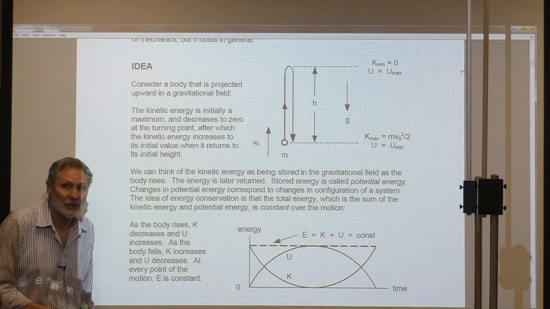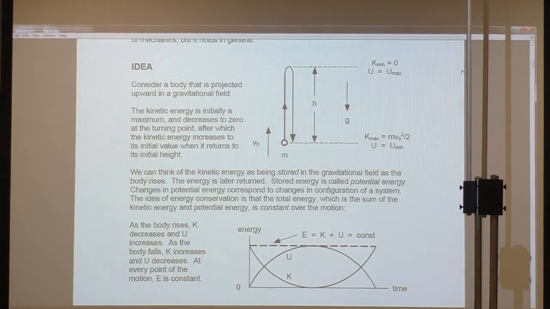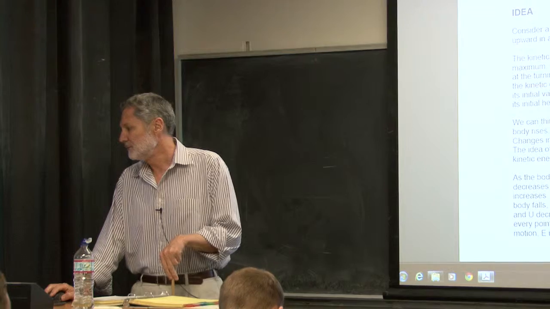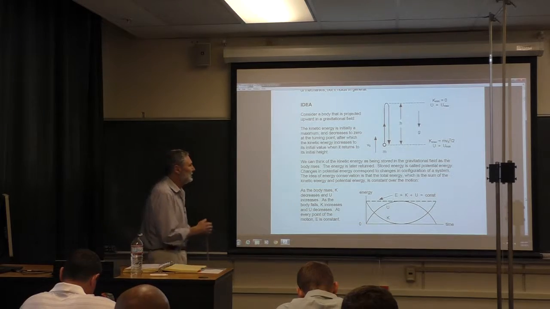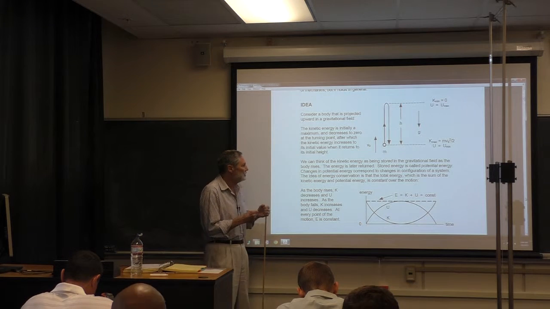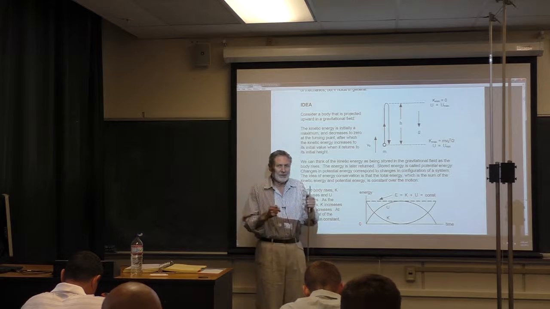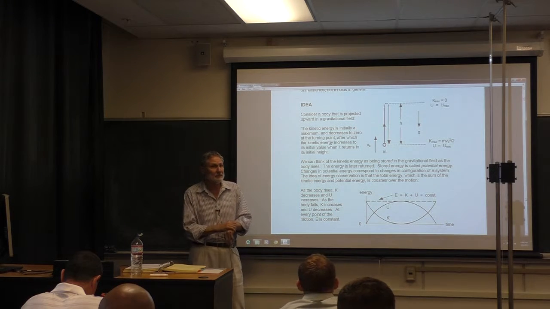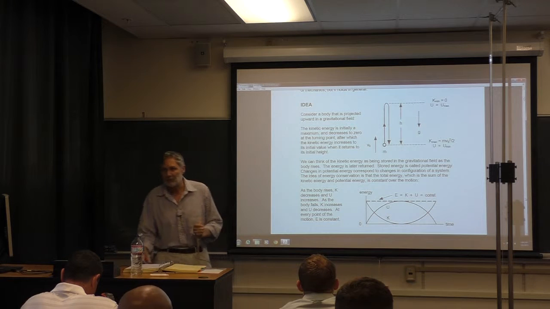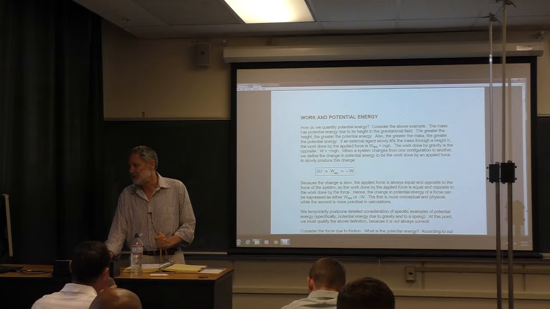When I add these two curves, I get a constant. The total energy is constant. That's the notion. That's the idea. This potential energy, or stored energy, is an energy of configuration. When we change the configuration of the system, we can store energy in it or take energy out. That's where we're headed. Any questions or comments about that? That's the basic idea.